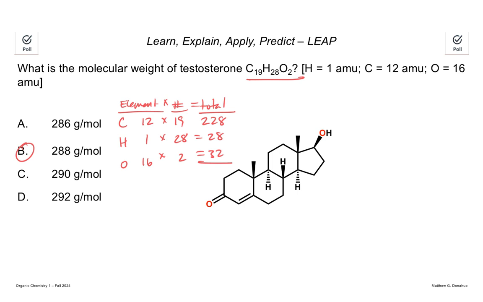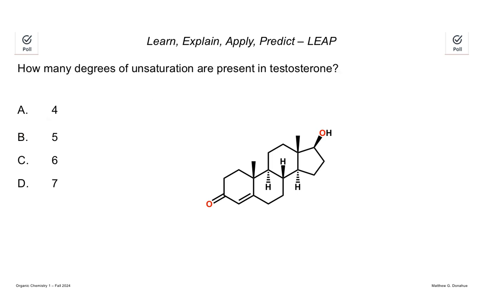So really that's what mass spectrometry is doing. It's giving you the mass of a compound. So now visually, when you look at it, how many degrees of unsaturation are in testosterone? So we have 6.